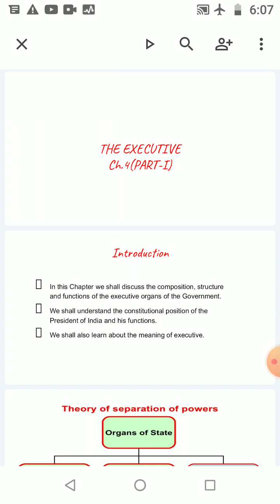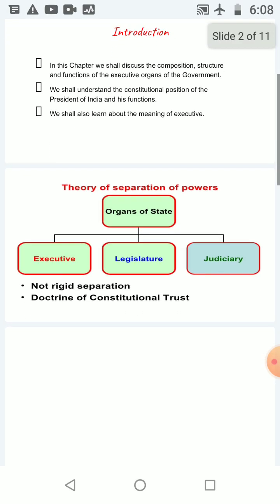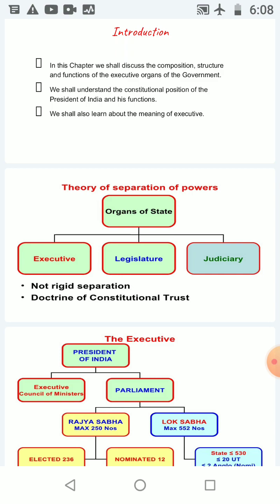Executive is the branch of government responsible for the implementation of laws and policies adopted by the legislature. The executive is often involved in framing of policy. You can see the theory of separation of powers.